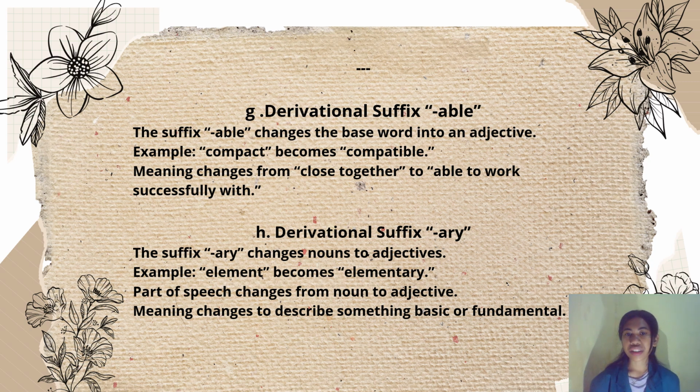And then derivational suffix "ary". The suffix "ary" changes noun to adjective. For example, the students use element, which becomes elementary. The part of speech changes from noun to adjective, with the meaning changing to describe something basic or fundamental.